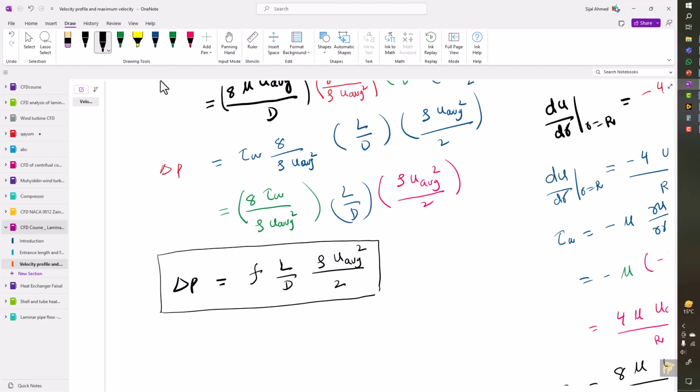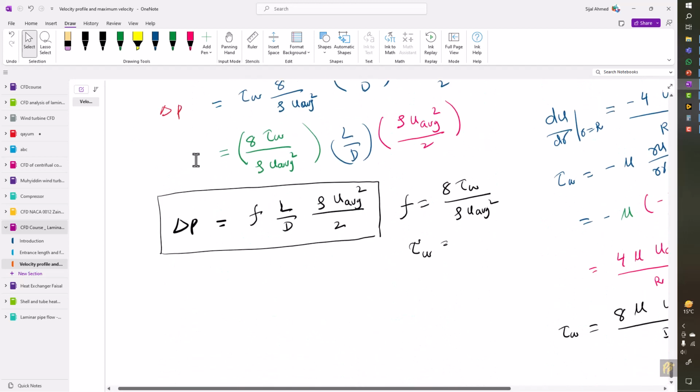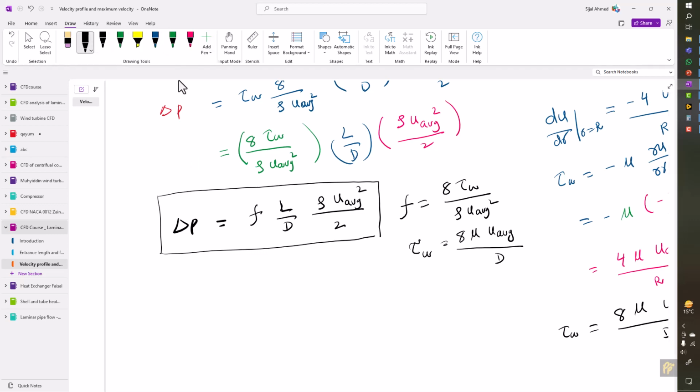And the friction factor is equal to 8 times the wall shear stress divided by rho U average square. And the wall shear stress in terms of the derivation is equal to 8 mu U average divided by D. So now we have these three expressions.